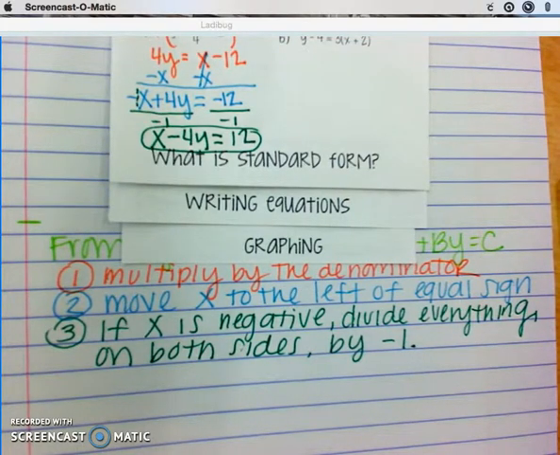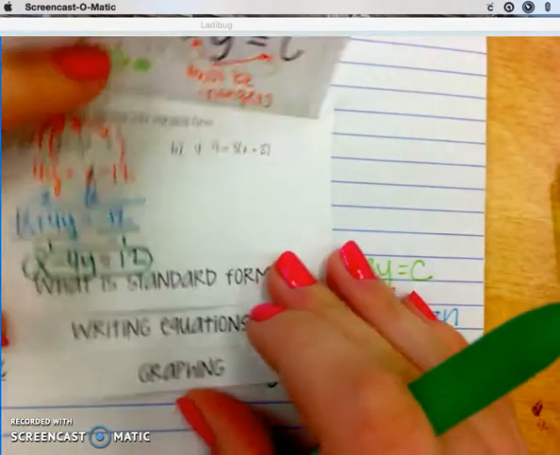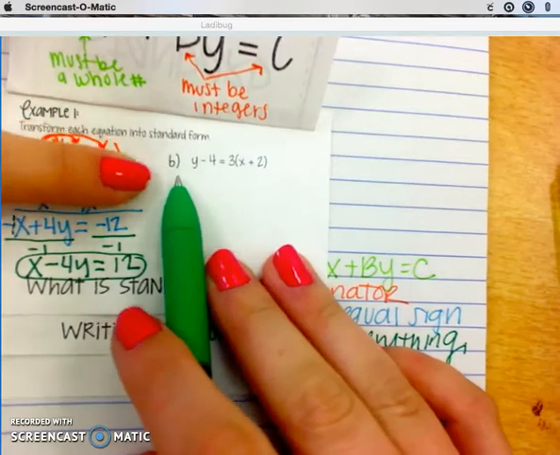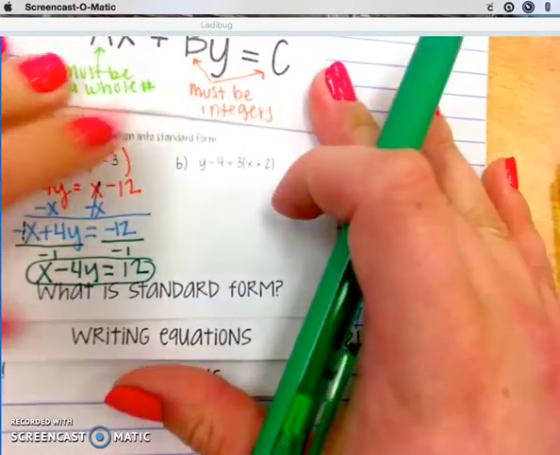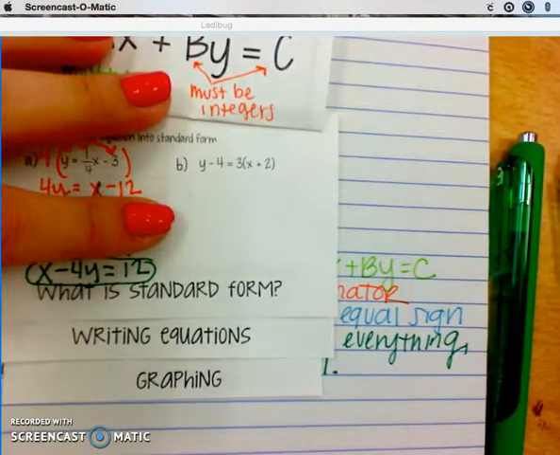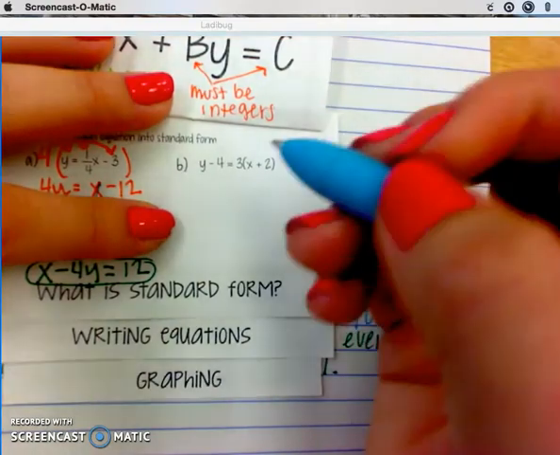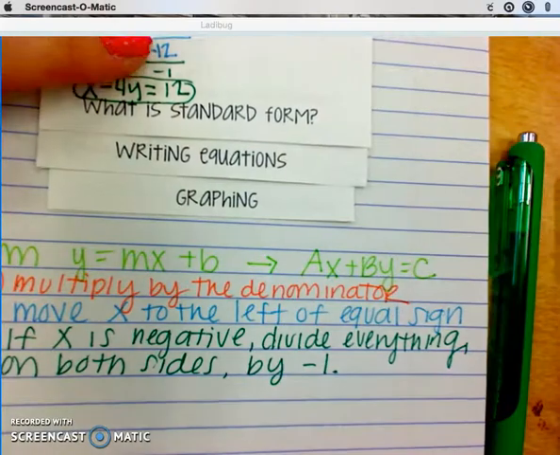Now, let's look at the next example. B is in point slope form. Well, to do that, the first thing that we're going to need to do is distribute my slope. So let's write this down too.